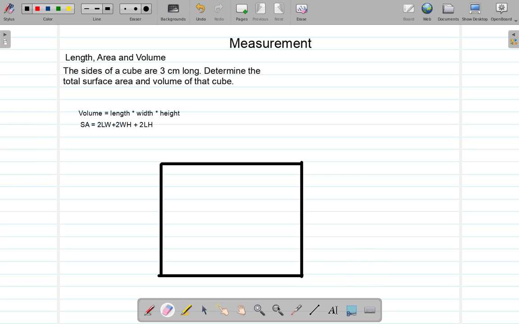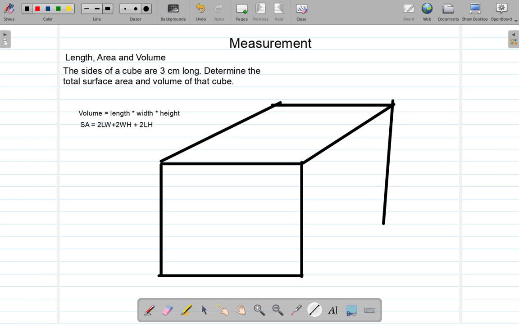Alright, so this is the face of our cube. Remember, each side is 3 centimeters. So even though this is not drawn to scale, let's pretend as if each side is 3 centimeters. Okay, so there we have our cube.